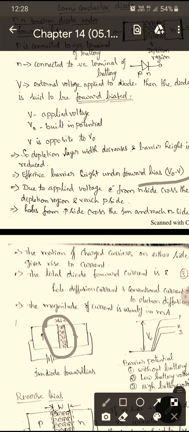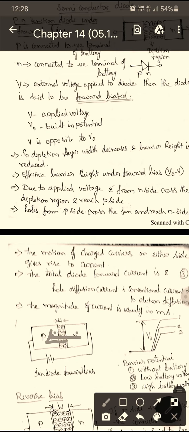So due to the applied voltage, electrons from the N side cross the depletion region and reach the P side.